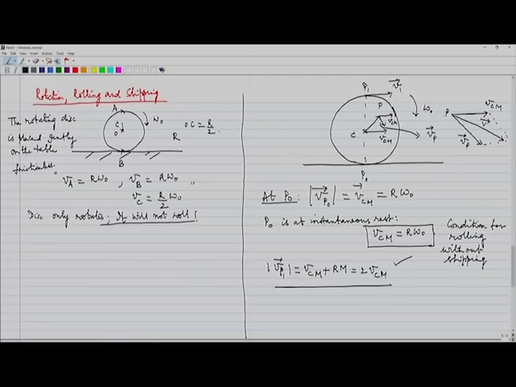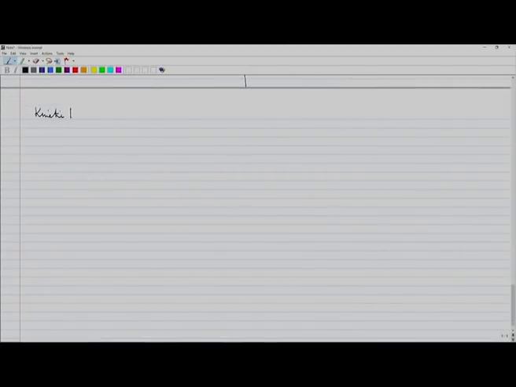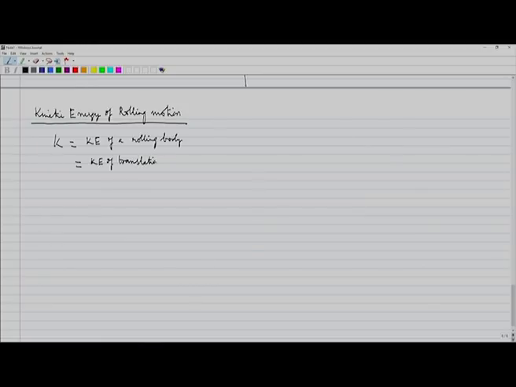Now we will derive an expression for the kinetic energy of a rolling motion. So the kinetic energy of a rolling body: remember, a rolling body has kinetic energy of translation plus kinetic energy of rotation.